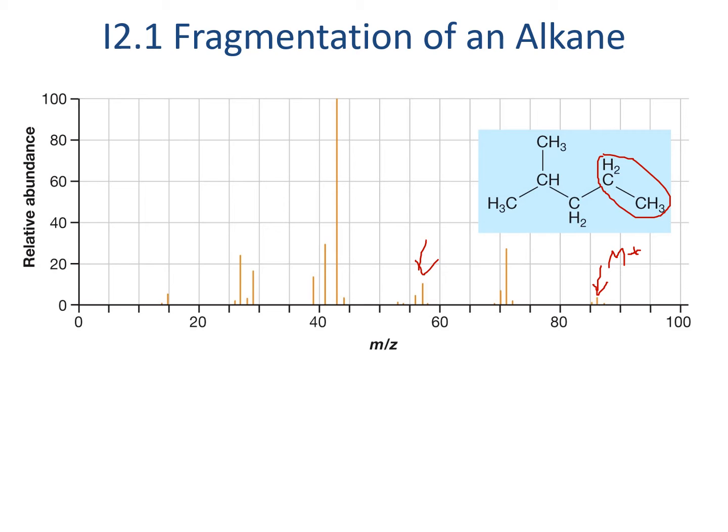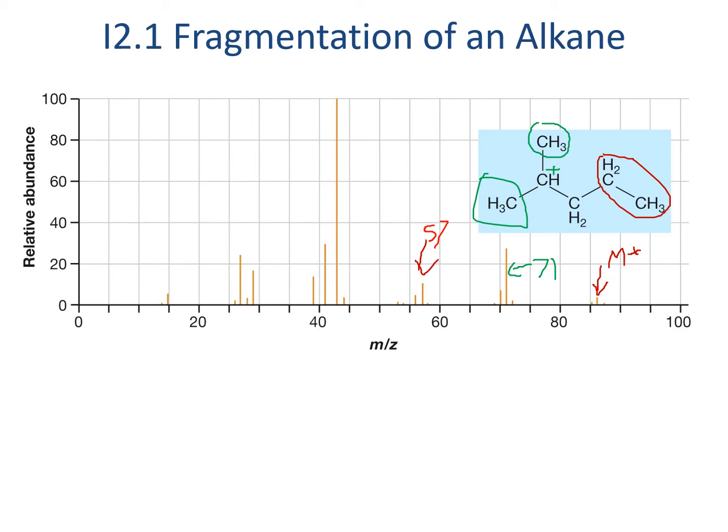Well, that's because if we pull off a CH3 group, that 71 peak right here, sorry, the other one was 57. The 71 peak is from shaving off a methyl radical here or here. And while the methyl radical itself isn't very stable, it would leave behind a positive charge here, and that positive charge would be secondary rather than primary, much more stable.